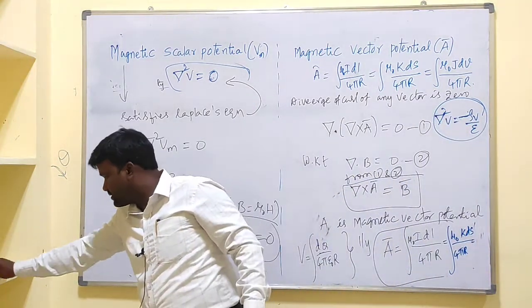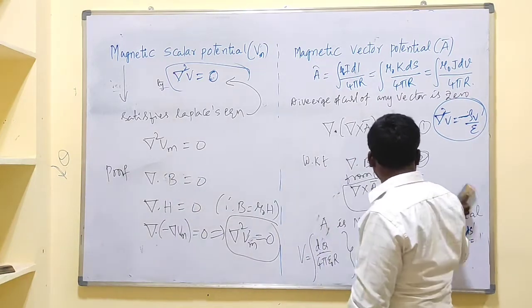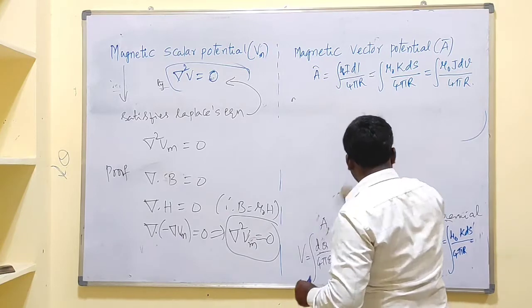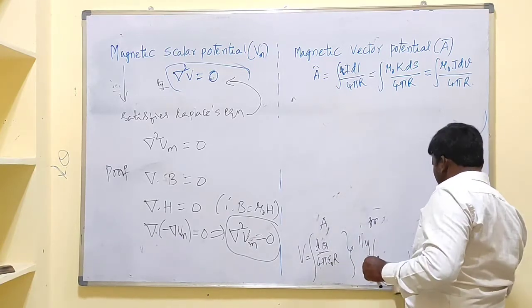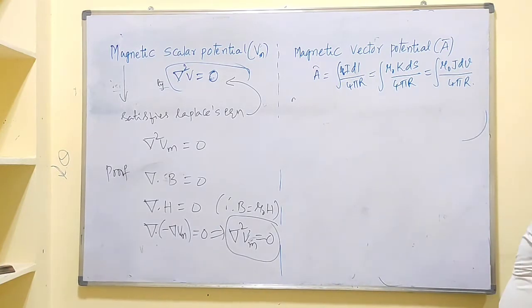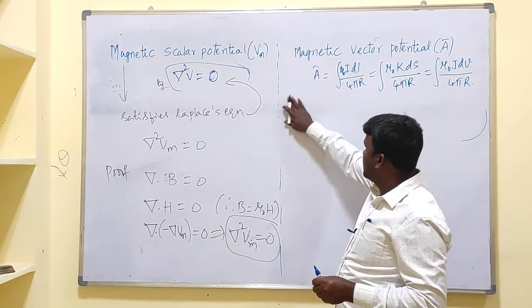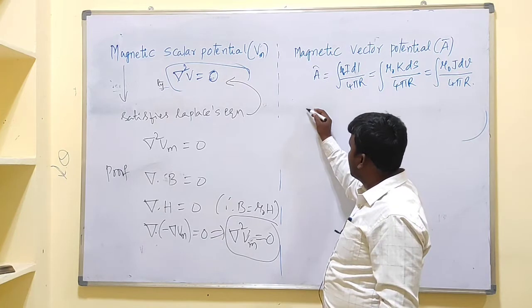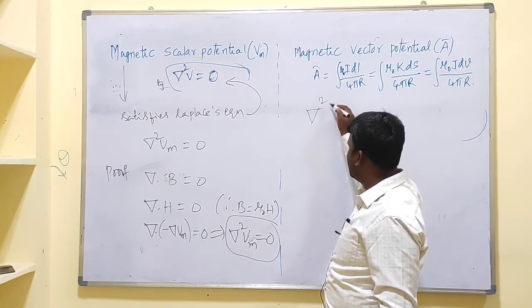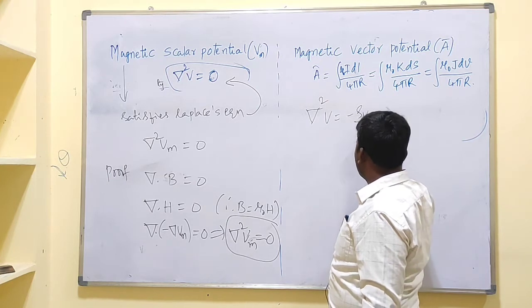That means the magnetic scalar potential satisfies the Laplace equation, whereas the magnetic vector potential satisfies Poisson's equation. Poisson's equation is given by del square V equal to minus rho V by epsilon naught.